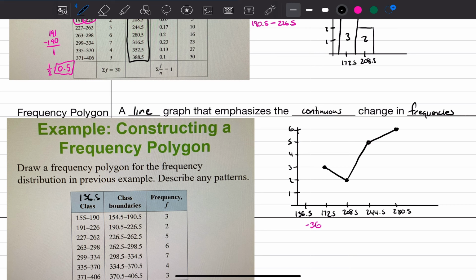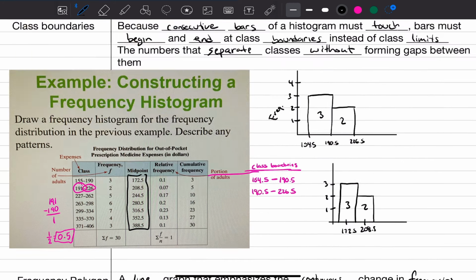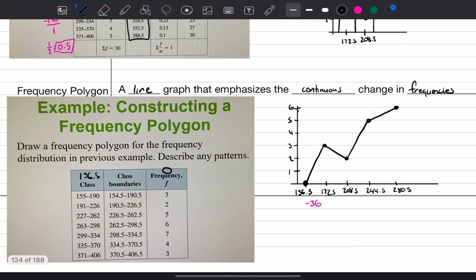Now, the reason we're doing that is because, obviously, there is no class of 136.5. Because there is no class, the frequency there is 0, which means that we can start at 0, and that's actually what we always want to do. So we always want to extend back a class, so we start at 0. And same thing on the other side.